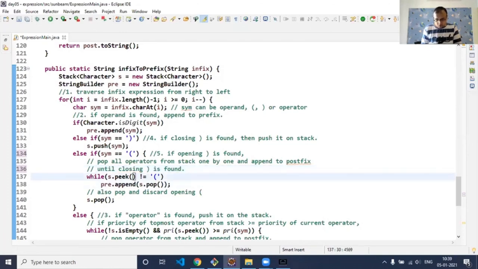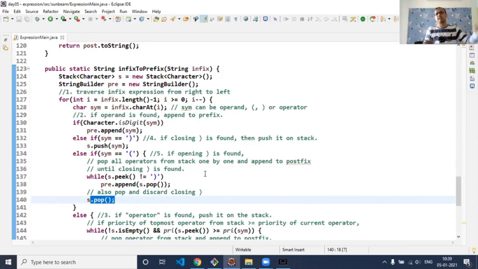All right. तो जब तक क्लोजिंग नहीं आता है, तब तक वन बाय वन पॉप करो और उनको अपेंड करो. फाइनली वो जो क्लोजिंग स्टैक के ऊपर मिला था, उस क्लोजिंग को भी पॉप करो और डिस्कार्ड करो. मैंने कहा ना, इट इज एग्जैक्टली सेम.